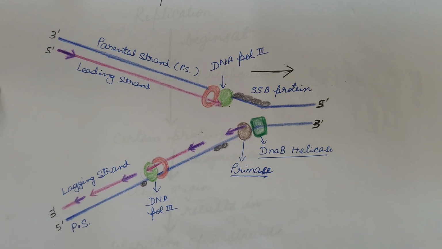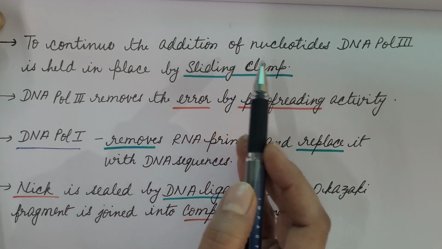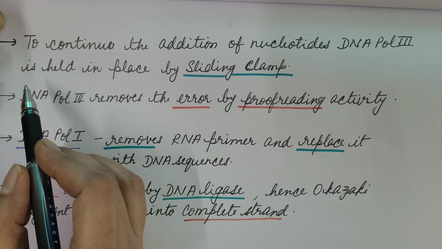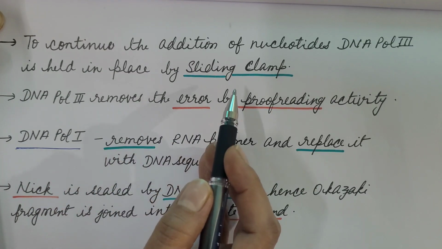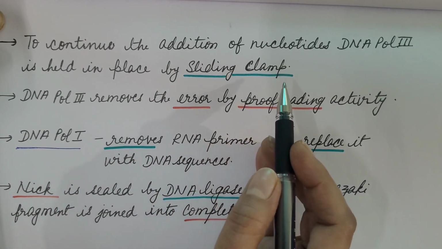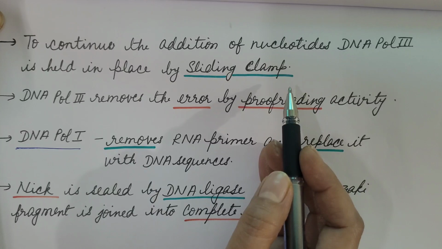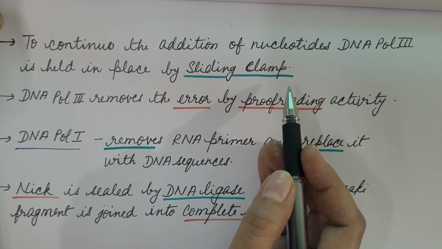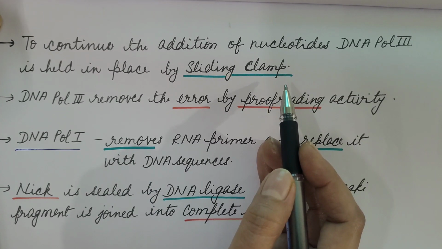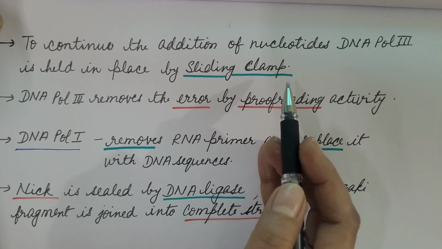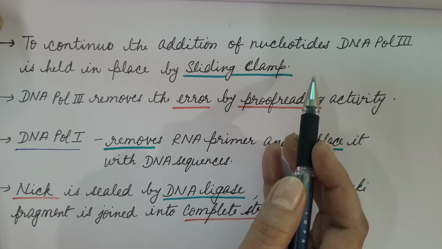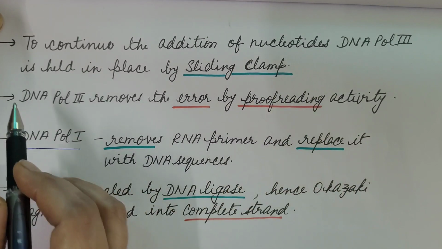To continue the addition of the nucleotides, DNA polymerase III is held in place by the sliding clamp, also known as the beta clamp, which we have already discussed in detail in the prokaryotic DNA polymerase video. You can refer to it. The link is given in the description box.